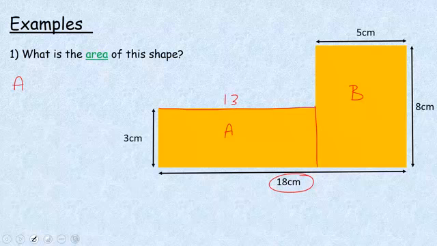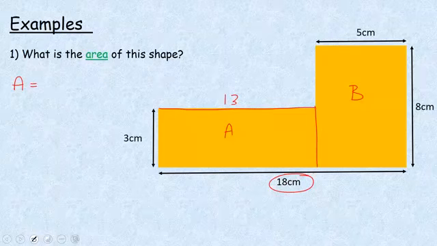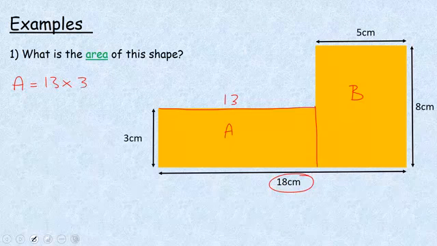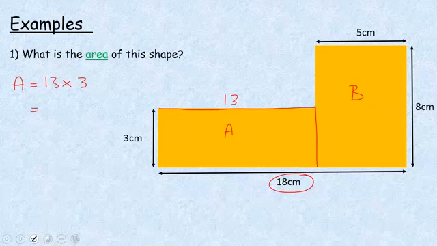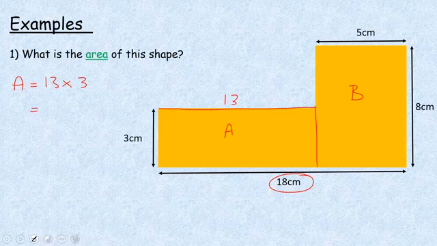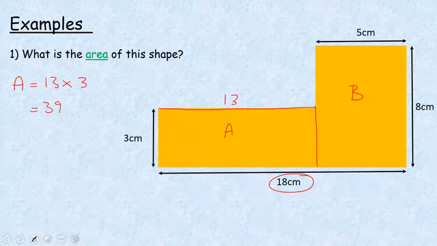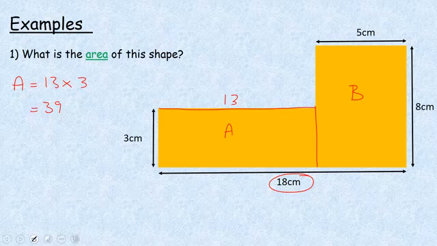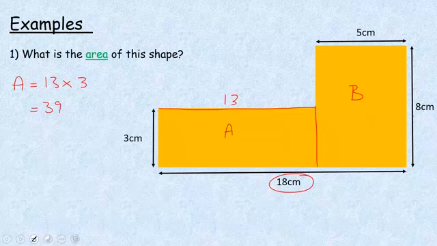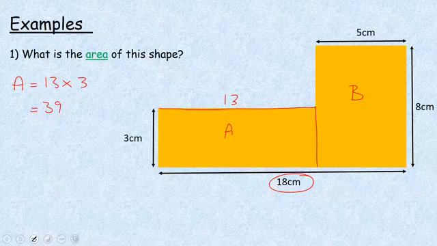Okay, so for A, the area of a rectangle is the width multiplied by the height, and we've got 13 times 3 is 39. And B, we don't need to find out anything missing because we've got all the information we need. We've got the width of 5 and the height of 8.